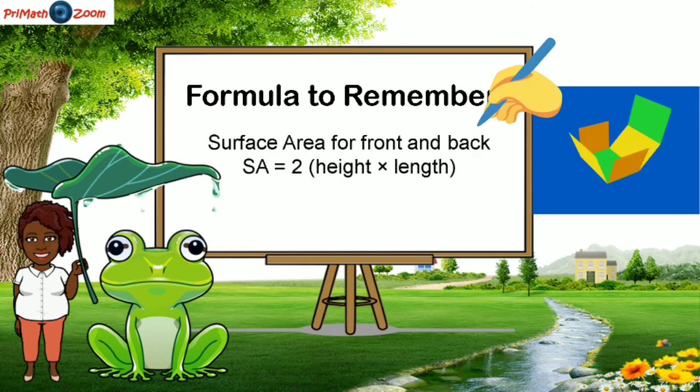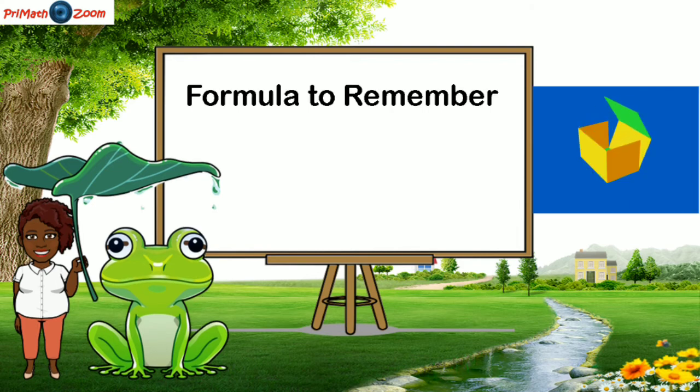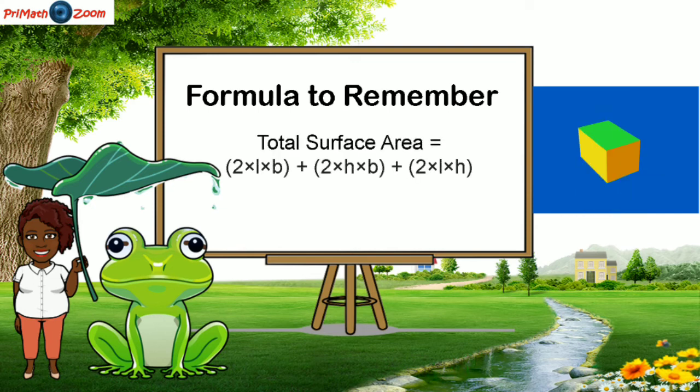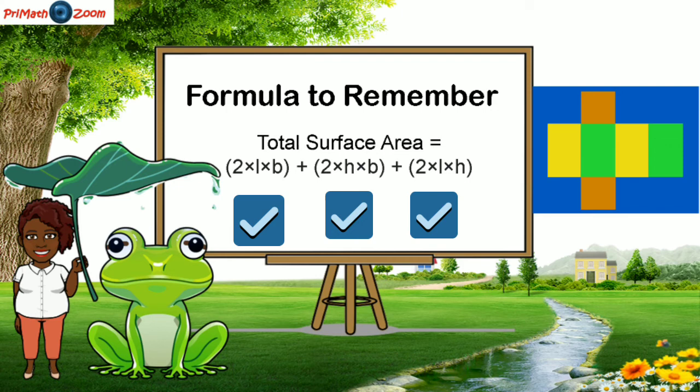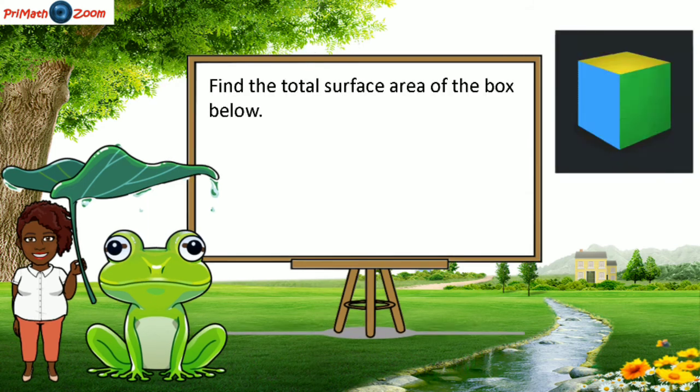And to find the total surface area of the front and the back, we just need to multiply the height and the length and then multiply it by 2. So now we would be where we need to find the total surface area for the cuboid. And in so doing, we need to sum all of these previous calculations, and that will give us the total surface area for the cuboid.